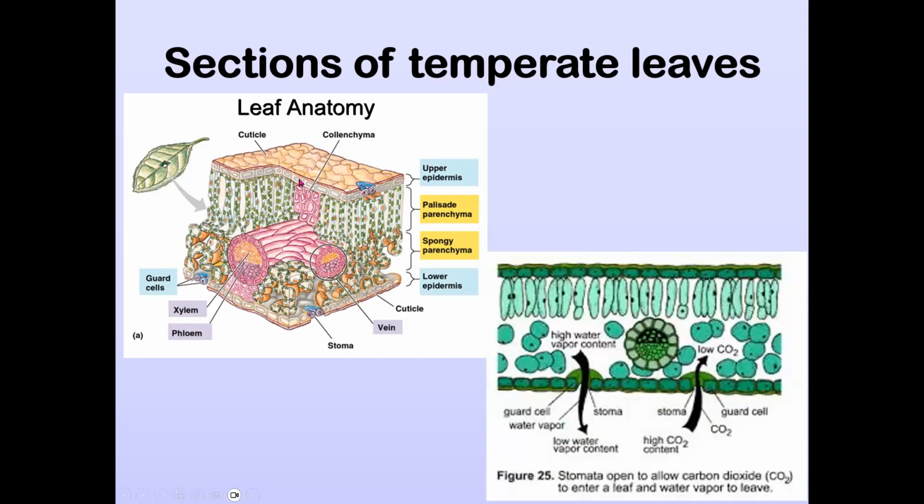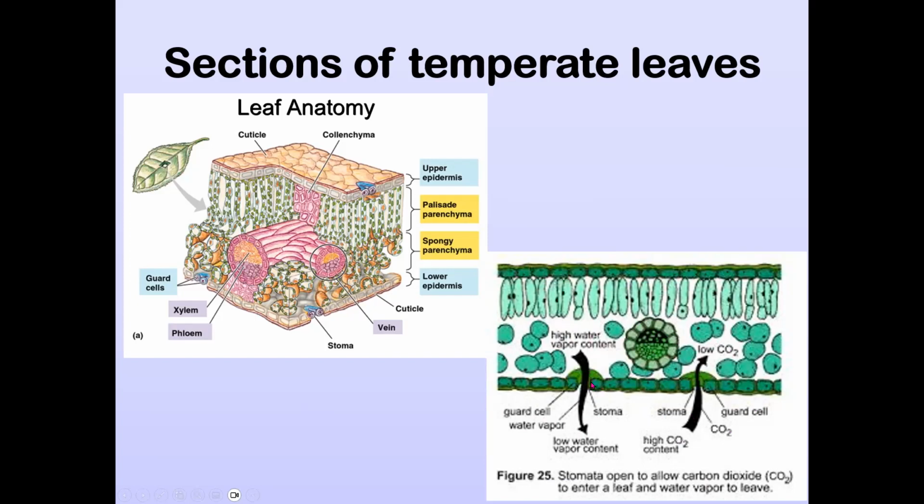So here's a diagram of a cross section. This lightish green is your cuticle, then you've got your upper epidermis, lower epidermis, the palisades, the sponges, and then you've got these spaces. This is important to know as to why the plant does what it does. And this is the vascular bundle. It's only a diagram.